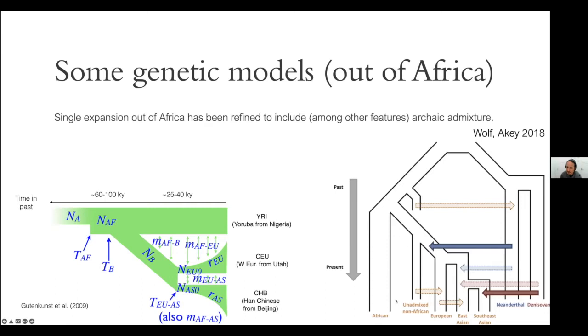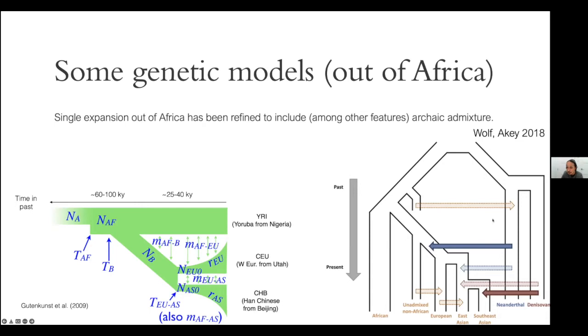But this model, of course, is still treating the African populations as a single uniform group going back, I don't know exactly what the time is here, but at least 70,000 years or something like that, which is not particularly realistic. Of course, people have also looked at variation within Africa.